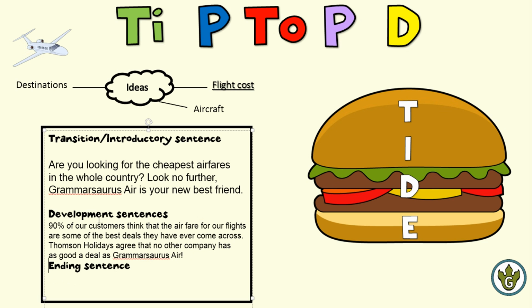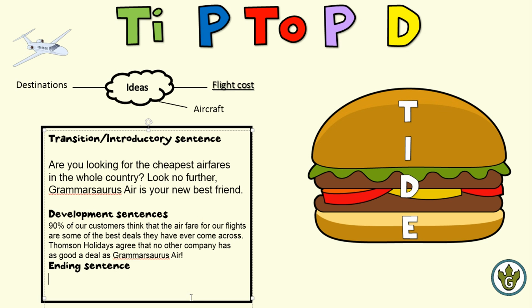Right, so I've started it off. We're looking for the cheapest airfares. I've hooked them in, and then I've developed my sentences about the same point. I'm not talking about the snacks on the plane. I'm not talking about the type of plane. I'm not talking about the fact we're going to Russia, India, wherever. We're talking about the airfare, so keep it related.